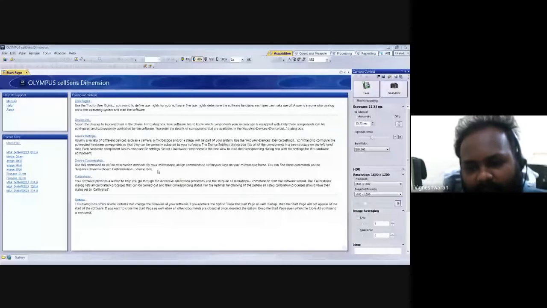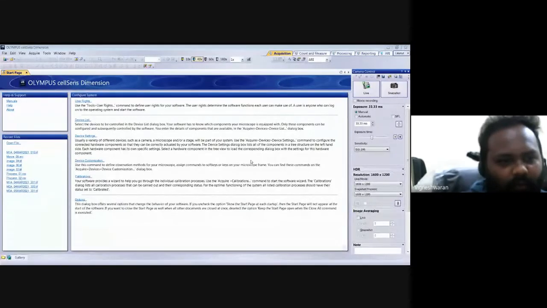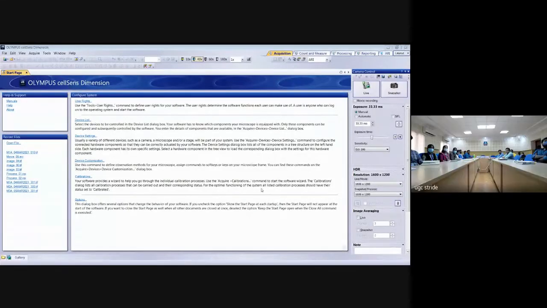So now we will go to the microscopy session. I will share the screen. Is my screen visible? Olympus cellSens software.